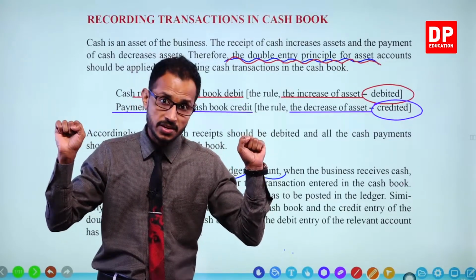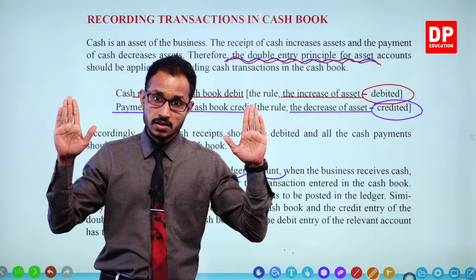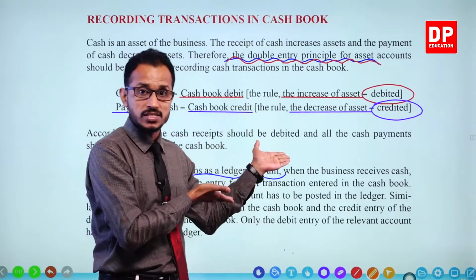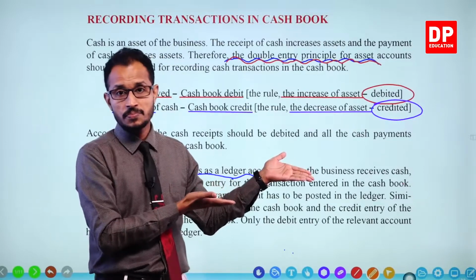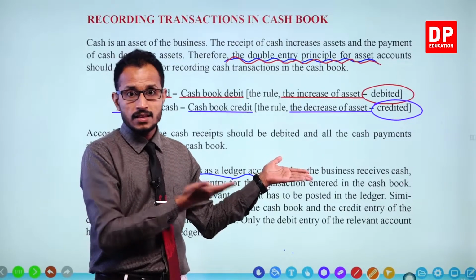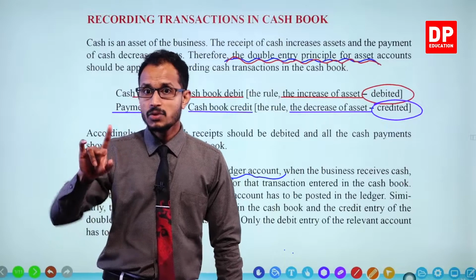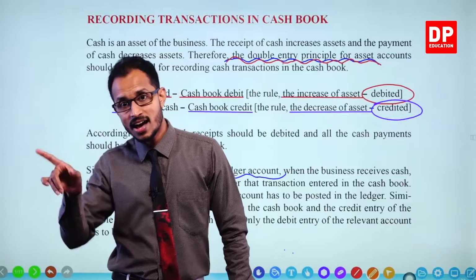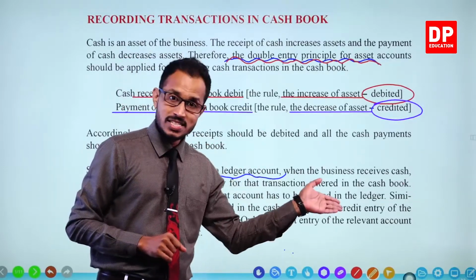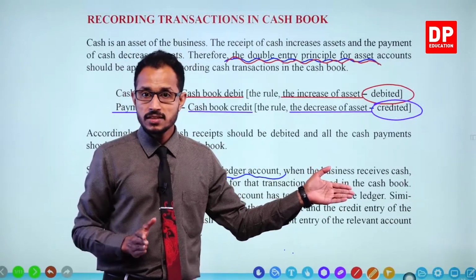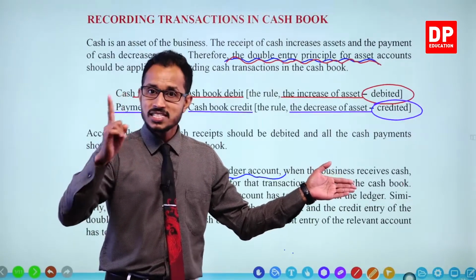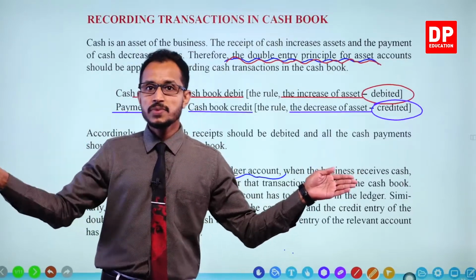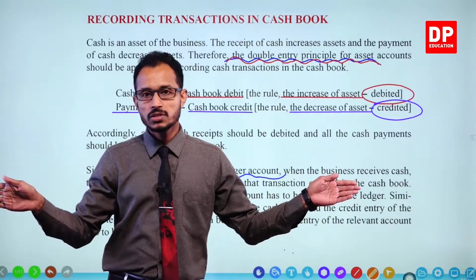I mean, there is a double entry, but one entry is in the cash book itself because it is a ledger account. Only the other entry goes to the relevant other ledger account. If the cash book is debit, that is one entry because the cash book is a ledger account. The credit entry only should be entered by you to the other account.